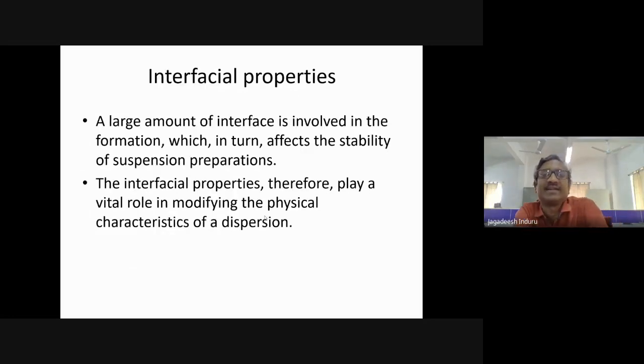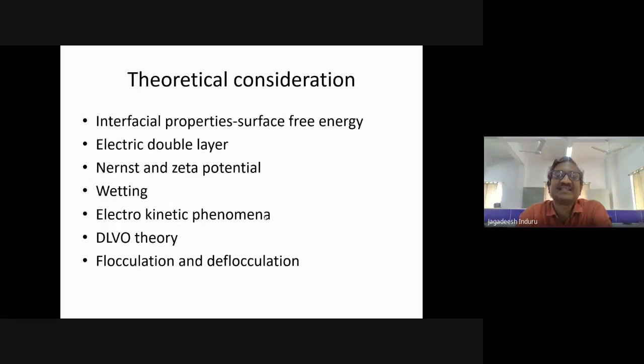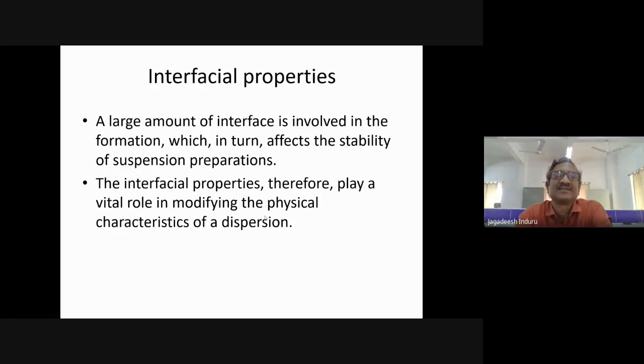The first parameter now is interfacial properties and surface tension. What we have seen in the previous slide is the surface free energy and the interfacial tension. A large amount of interface is involved in the formation, which in turn affects the stability of the suspension. Why is it large? Because the suspension has a smaller particle size when compared to tablets and granules, so you have a lot of surface area.